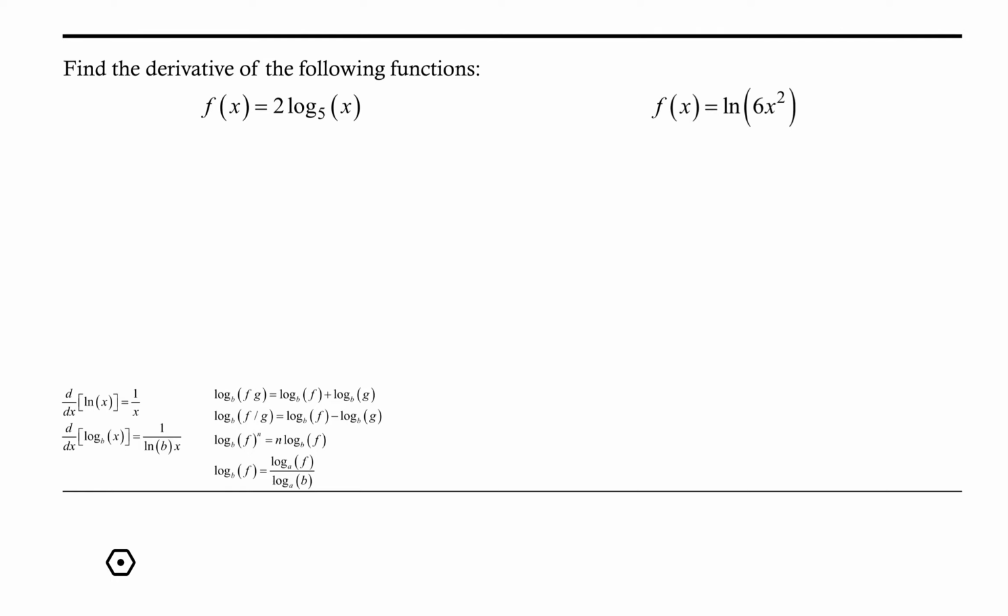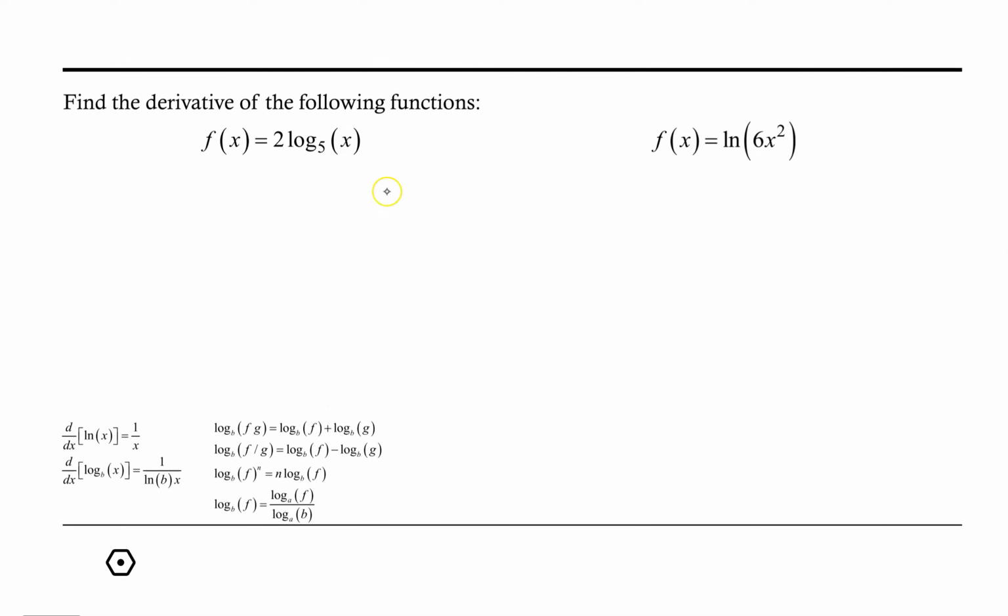So let's look at 2 quick examples. In our first example, we want to find the derivative of f of x equals 2 times log base 5 of x. So f prime of x is going to equal, and notice we have this constant multiple of a logarithmic function, so we'll use the constant multiple rule. So we're going to have 2 times the derivative with respect to x of log base 5 of x.